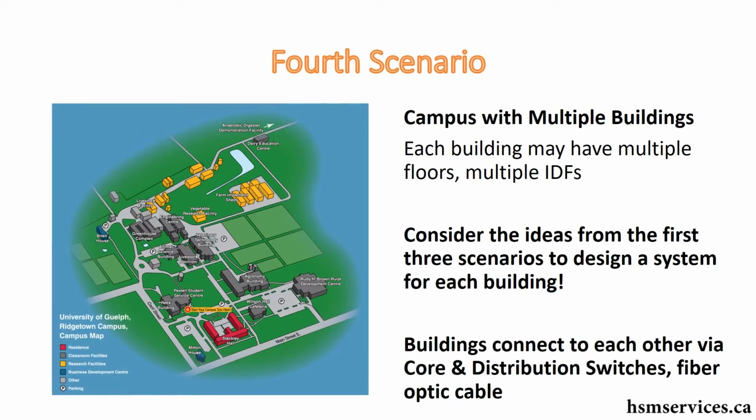And then we have a much bigger scenario, which is like a university campus or a corporate campus. So we've got many buildings, and they have many floors and many IDFs. If you think it's hard, think of it one building at a time, and think about how you're going to connect the buildings together after.